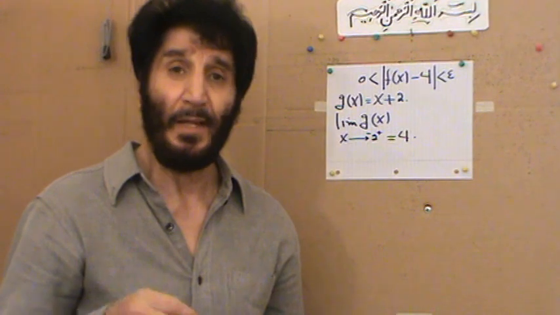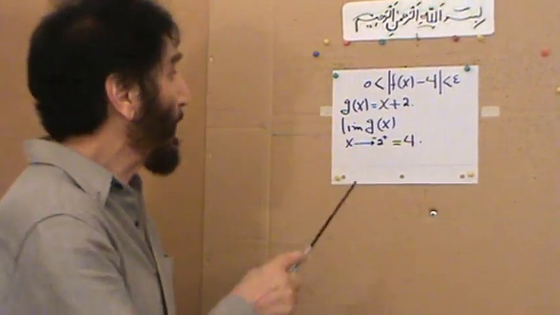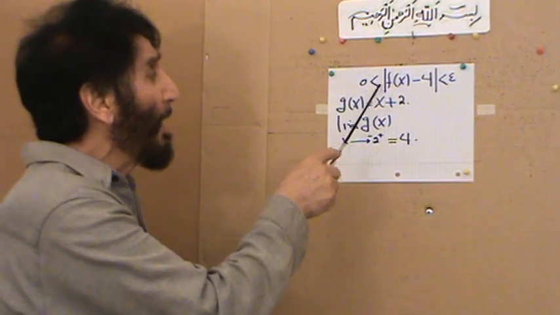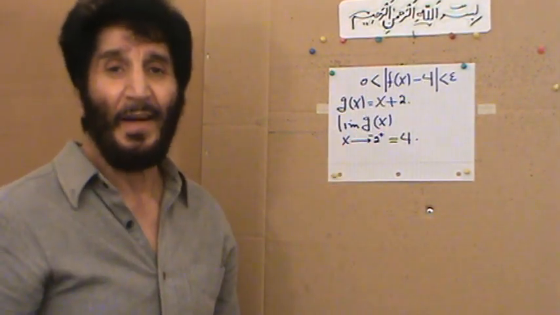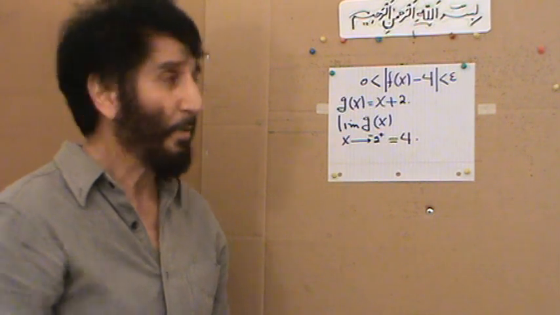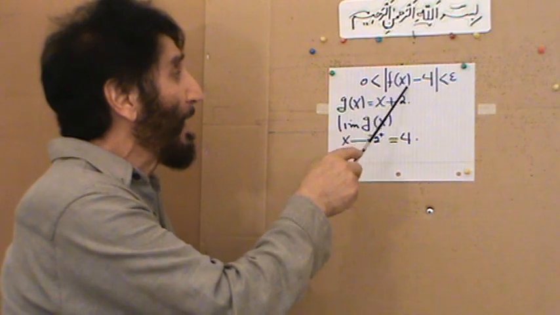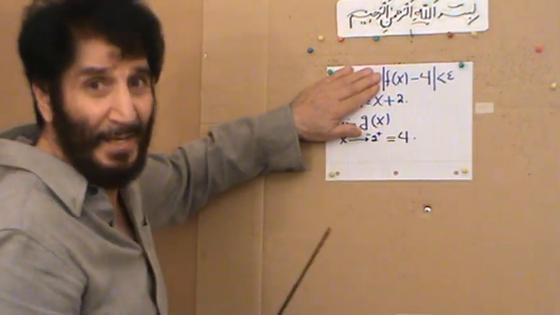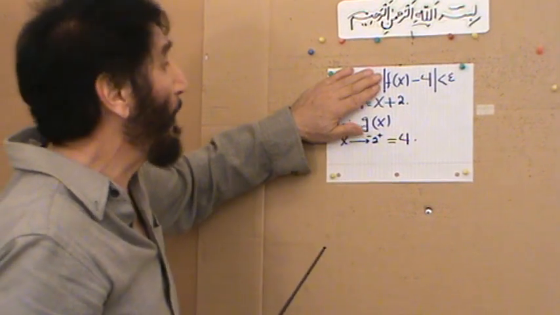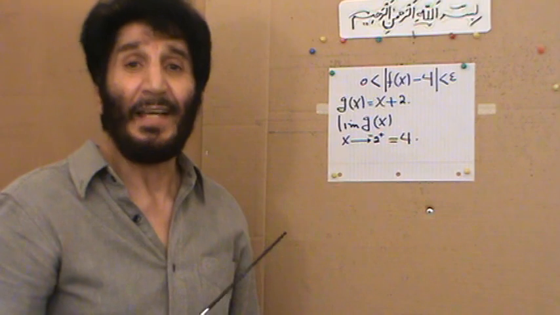It's just closer and closer, but never becomes 4, because x never becomes 2. Now, if I put greater than 0 here, that means f of x can never get the value of 4. You can see that, huh? Because if you get the value of 4, you get 0. If I write it like that, it means f of x can get the value of 4. But if I write greater than 0, it means f of x cannot get the value of 4.